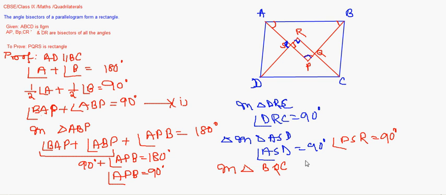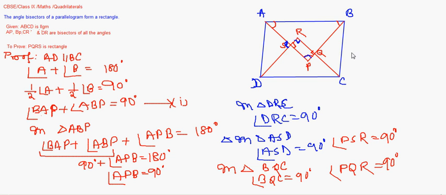You will prove angle BQC to be 90 degrees and the vertically opposite angle on the other side, PQR, becomes 90 degrees. So all the interior angles of PQRS are 90 degrees, thereby making PQRS a rectangle.